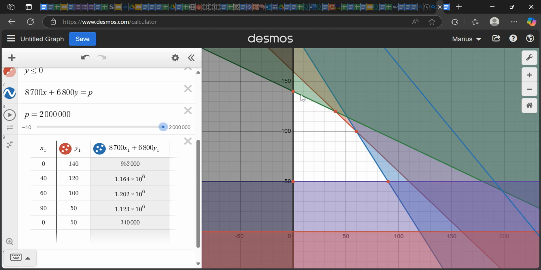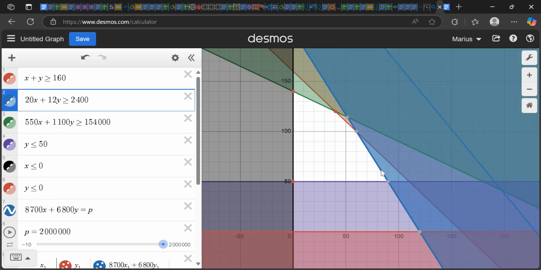Now, let's take it out a bit. Which one of these three constraints, the green one, the red one, and the blue one, has the highest y-intercept? The y-intercept is actually the profit, the blue one. So I want to make this one with a similar gradient to this one. Is that it?